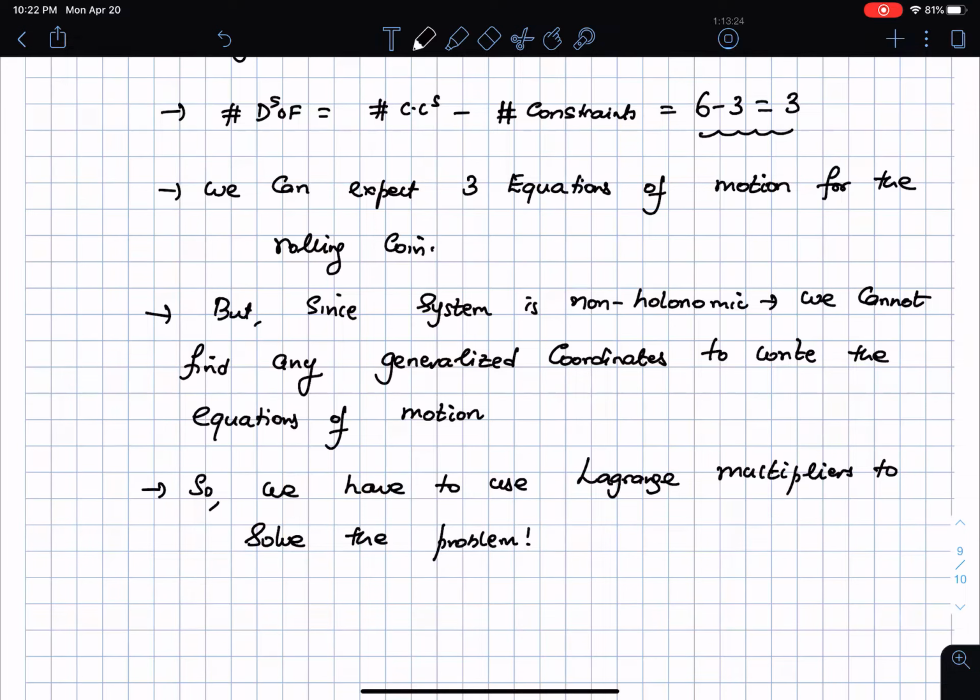Okay, and so let us go on that particular route, but before that I have to write the kinetic energy and the potential energy. So let me do that.